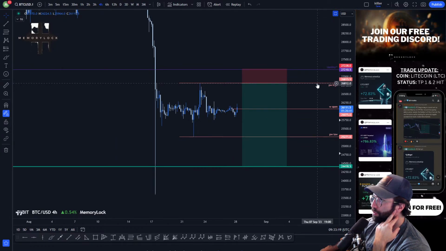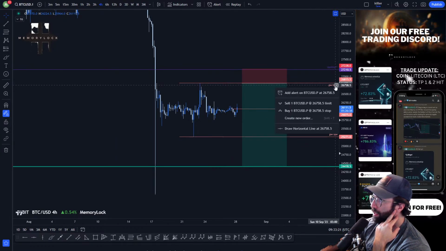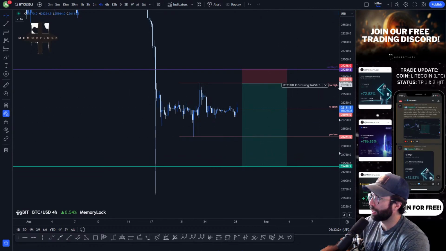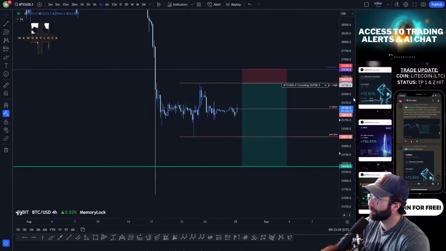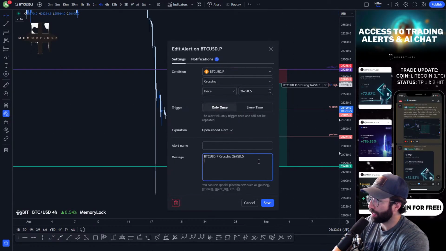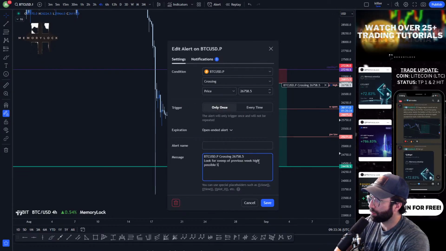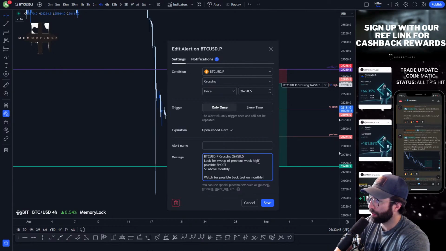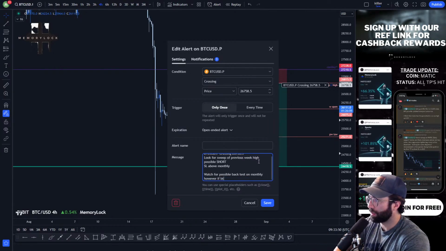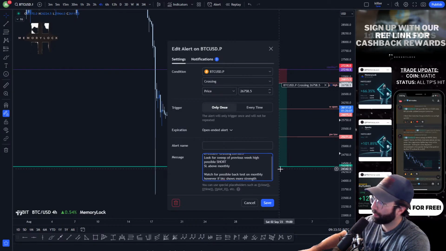So I'm going to set an alert here, and on that alert we're going to say: look for a sweep of previous week high, possible short, SL above monthly. Watch for possible back test on monthly, however, if BTC shows more strength.